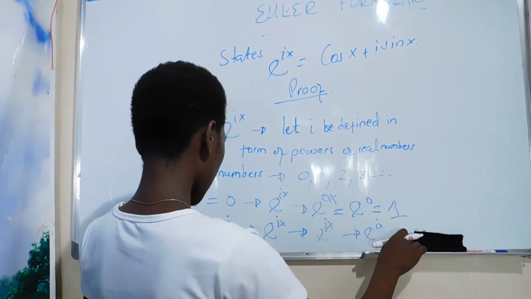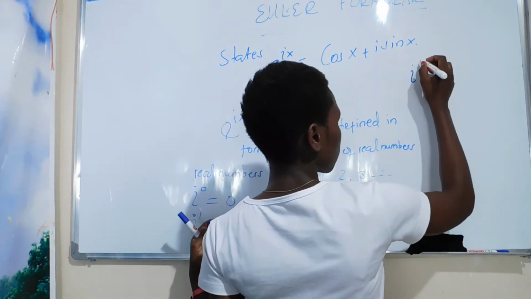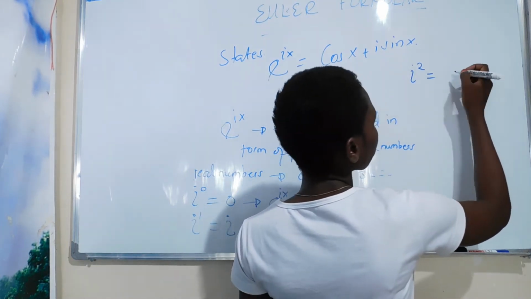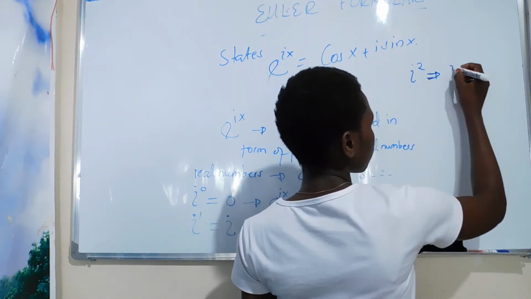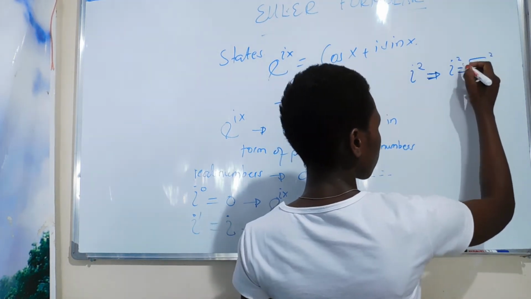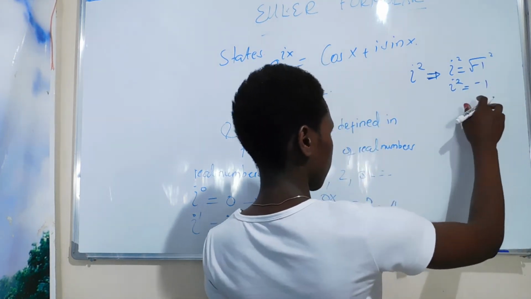Kwa hiyo nikisema kutoka hapa nimesubstitute, I'm going to substitute the other real number which is 2 ambayo ni I square. Mtu akiandika I ni sawa na under root -1 from definition, ina maana nikisquare both sides I square itakuwa sawa na -1. Kumbe I square it is -1.